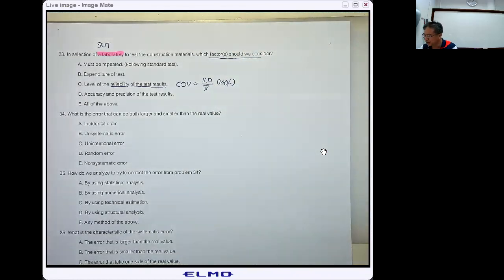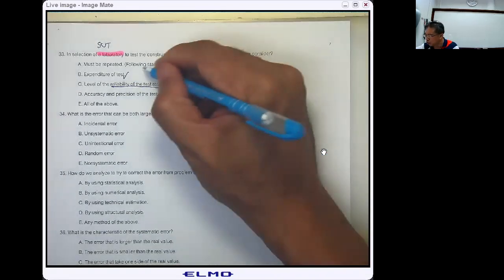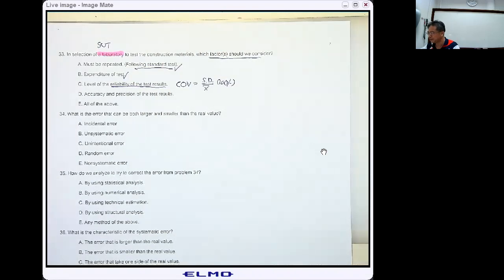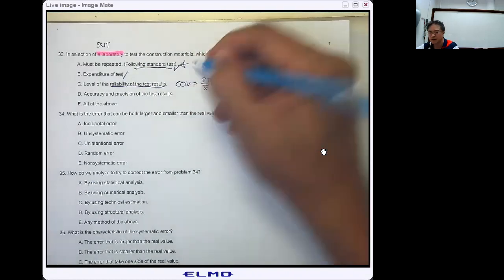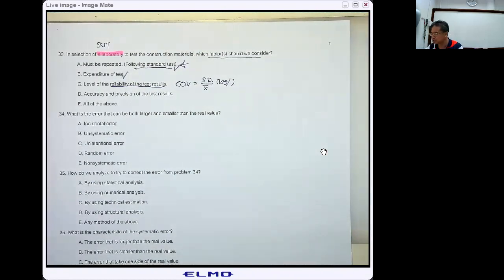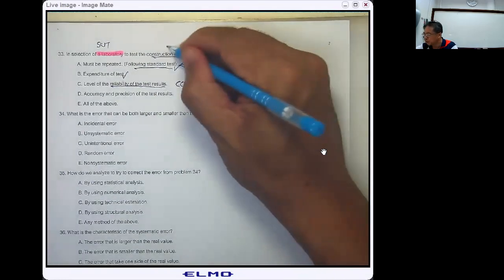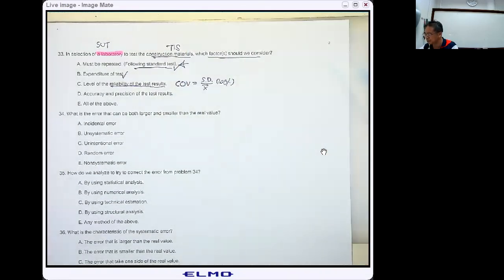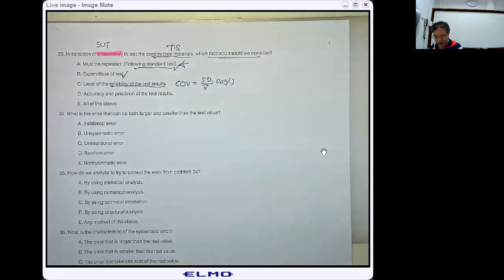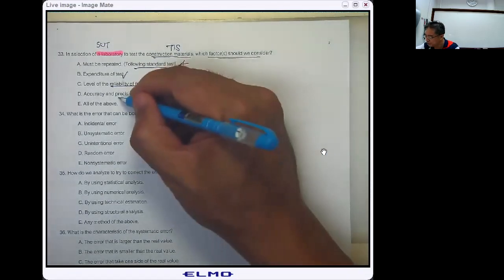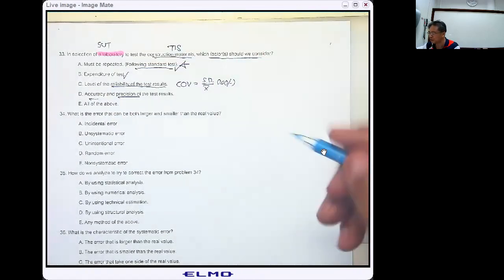We also talk about the cost of testing. We're going to select the one that has a proper cost, and we're going to follow the standard. This is very important because when we talk about the construction material, we are going to follow the Thailand Industrial Standard. And then accuracy and precision of the test is also important.